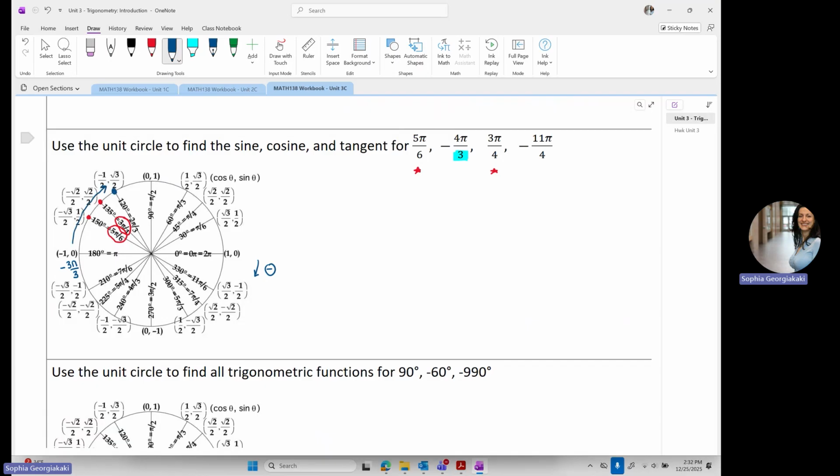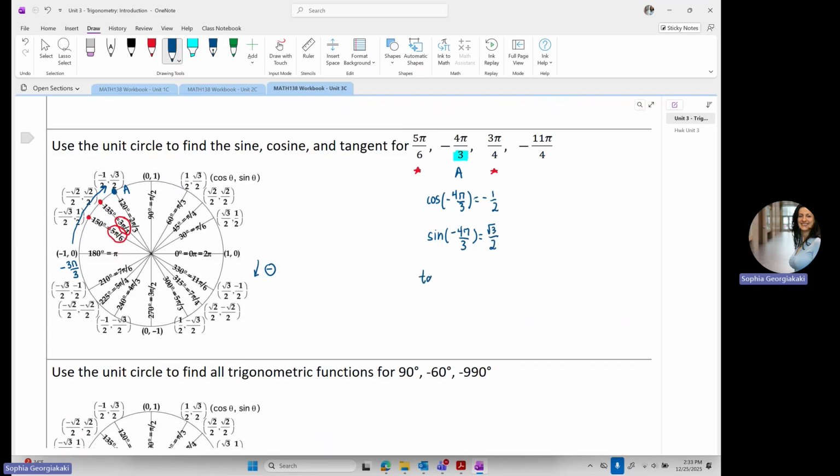So I am at the point, let's call this point A, that is coterminal with 120 degrees. Therefore, the cosine of negative 4 pi over 3 will be the x-coordinate of that point, which is negative 1/2. The sine of negative 4 pi over 3 will be the y-coordinate, which is positive square root of 3 divided by 2.